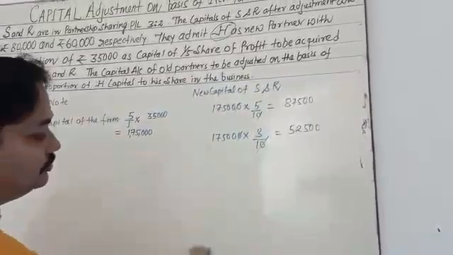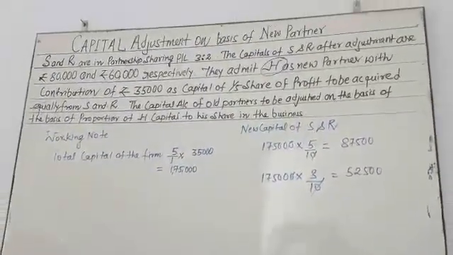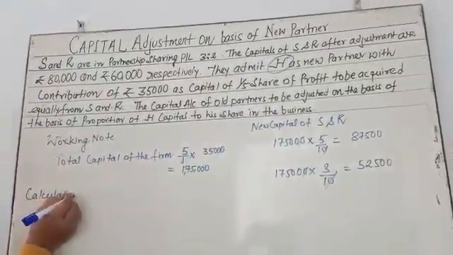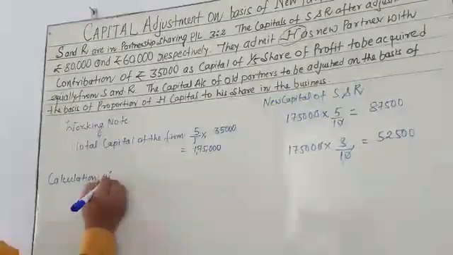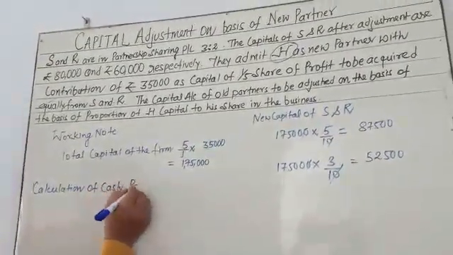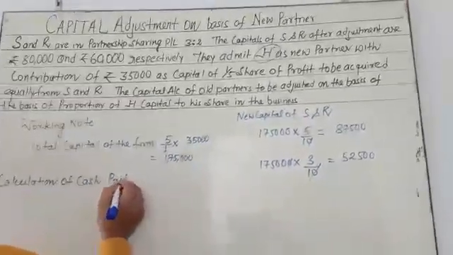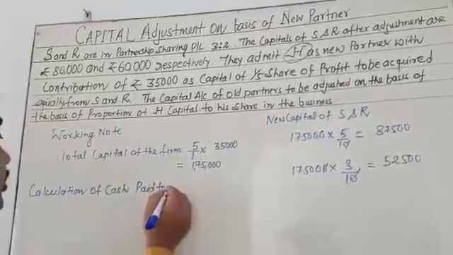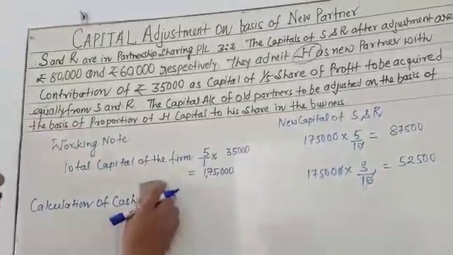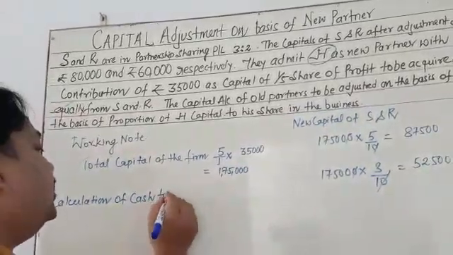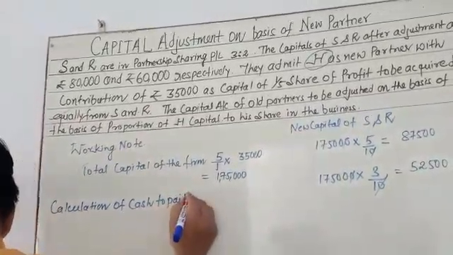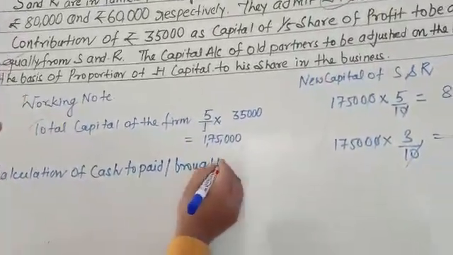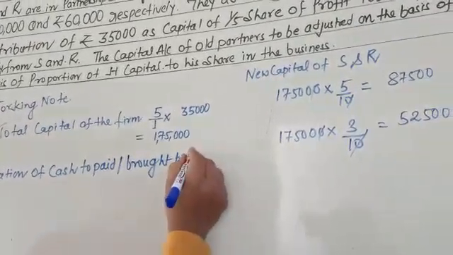What you have to do is the calculation of cash to be paid or brought by partners.